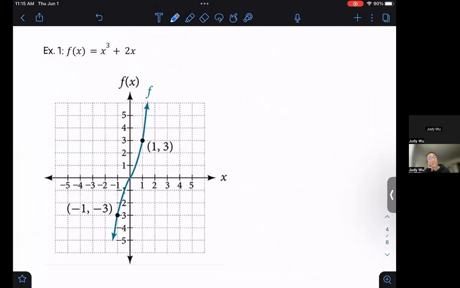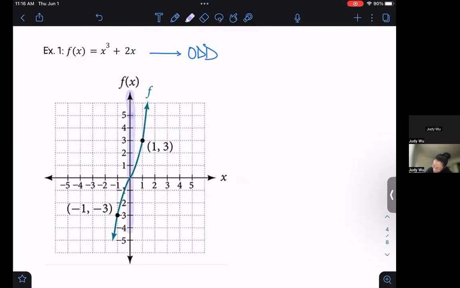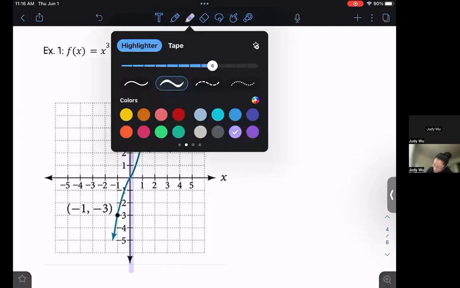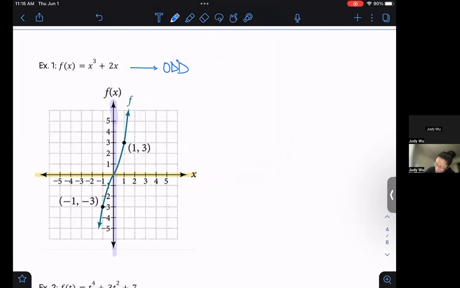Do we think that this is an even function or an odd function? Now, I think most of us would guess that this is an odd function, based on the picture, because this point gets reflected here and then again down here. Let's actually draw them in. It has our y-axis symmetry and the x-axis, okay? So if we had a graph, sure, great, we found that it's odd. But if we didn't have a graph, let's think about how to do this algebraically, okay?